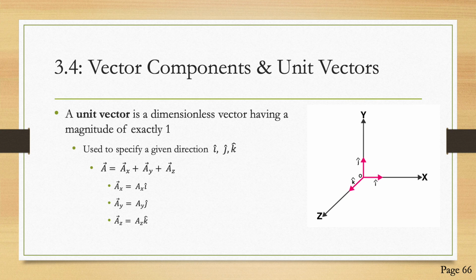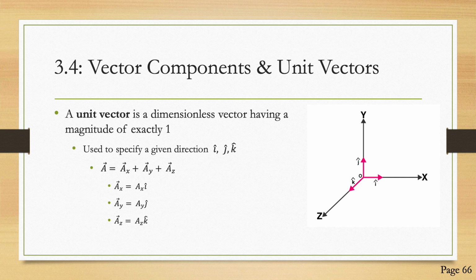Last but not least, a unit vector is a dimensionless vector having a magnitude of exactly 1. On the graphic here, unit vectors are used to specify a given direction. So i hat, j hat, and k hat. i hat is the x direction, j hat is the y direction, and k hat is the z direction.